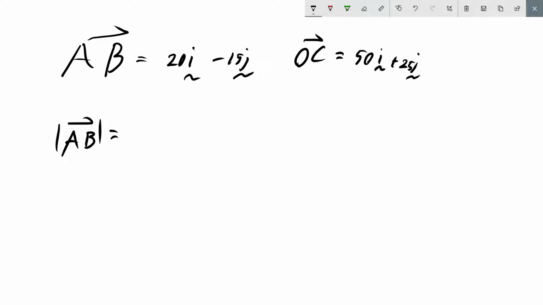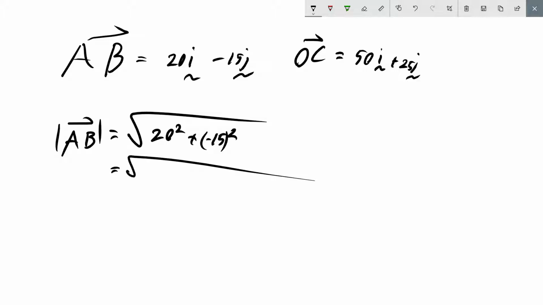magnitude. So it's going to be the square root of 20 squared plus 15 squared. You could also say it's negative 15 squared, but it doesn't matter in the end. So this will be 400 and this will be 225. We add those together, we get root 625, which equals 25.